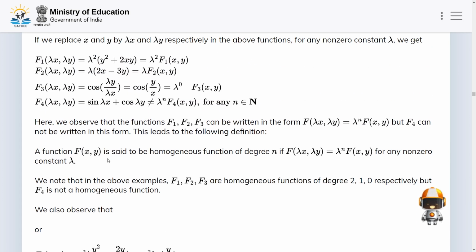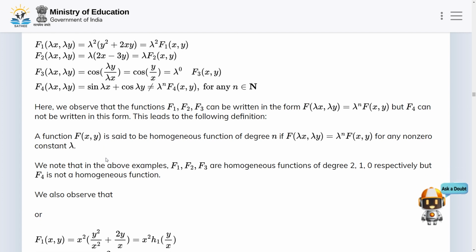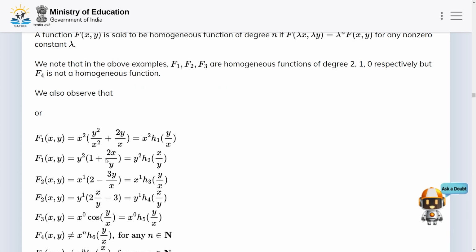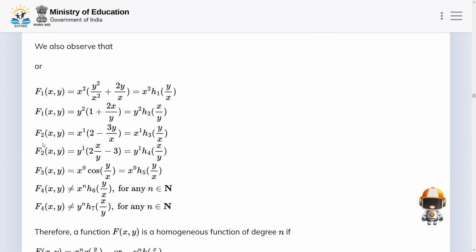What we are trying to observe is, similarly, f2, f3 and f4.